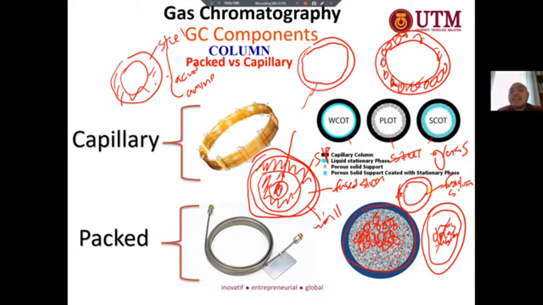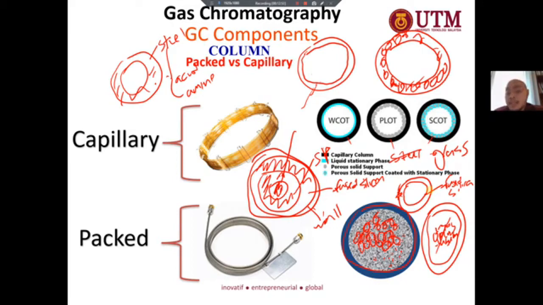As I described earlier, from the porous layer tubular column, from the packed column where the efficiency is not great, they invented the open tubular column. But in the first stage of the open tubular column, they tried to get better efficiency, but the column reacted to the acid, so there was some problem. So they invented the glass column.